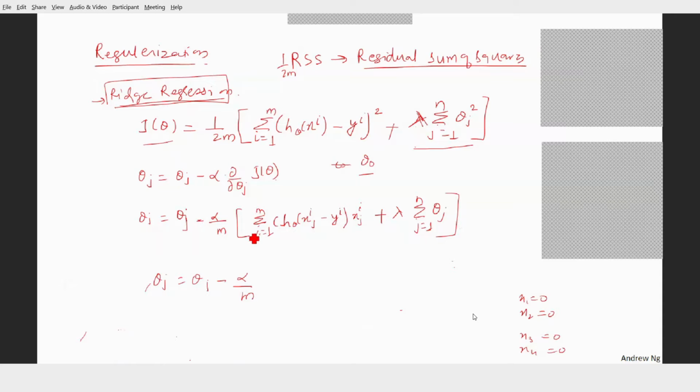Now, when we try to rewrite this equation, what we get is theta j is equal to theta j.